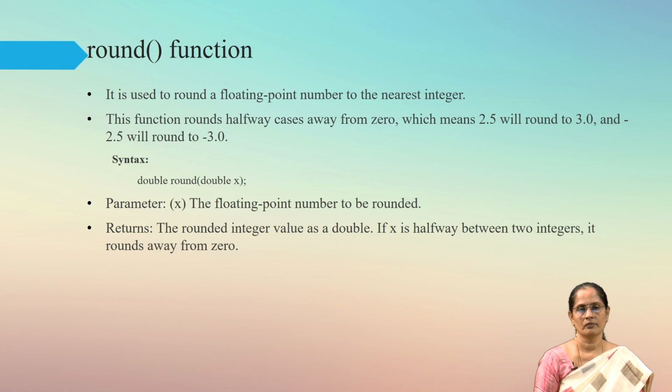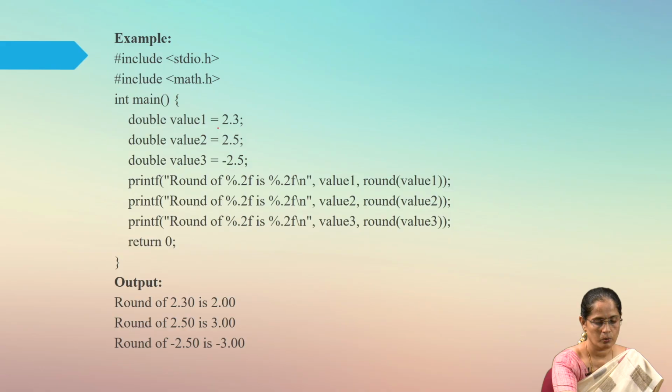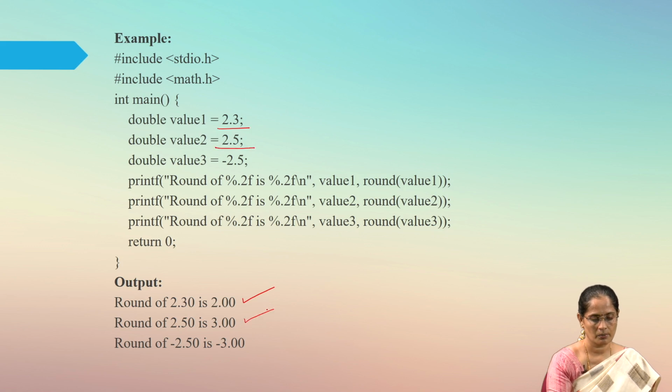And the round function will help us round the floating point number to the nearest integer. So, this is the way we can make use of the round function. The value 2.3 is rounded to 2.0. 2.5 is rounded to 3.0 because the decimal part is 0.5.